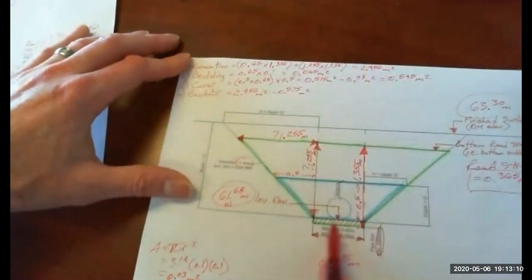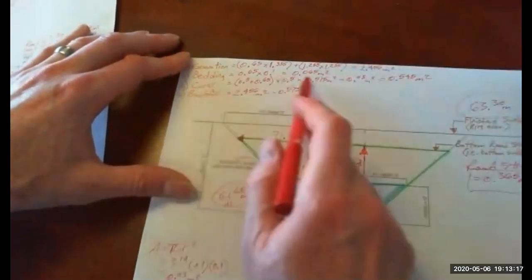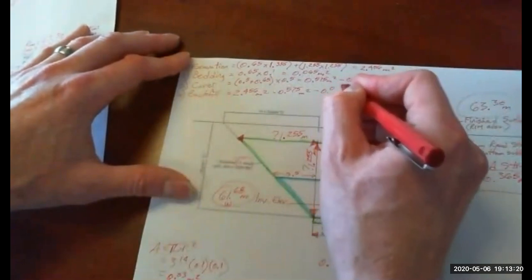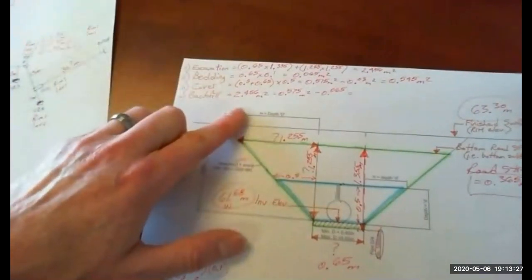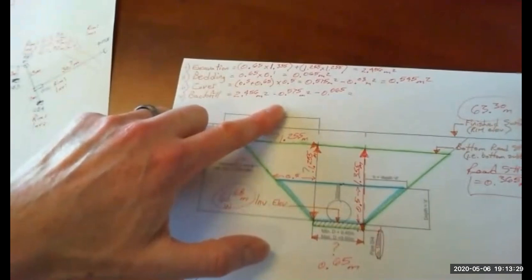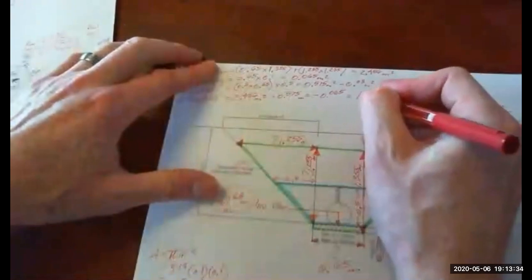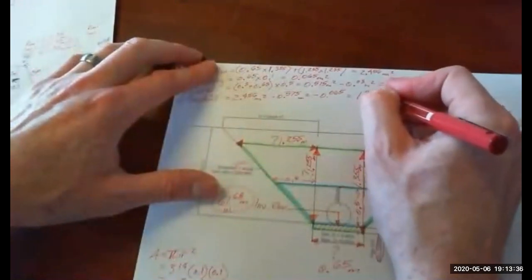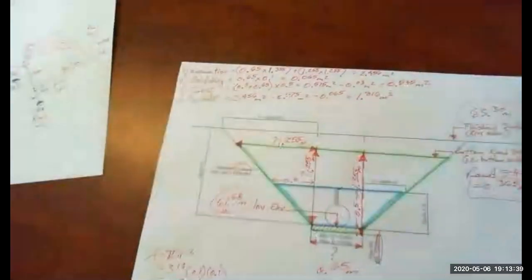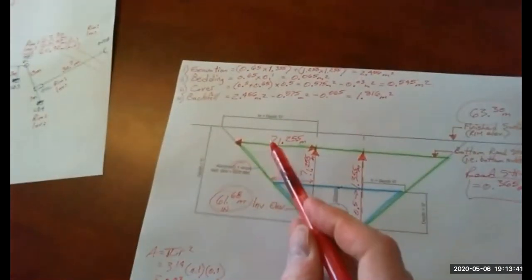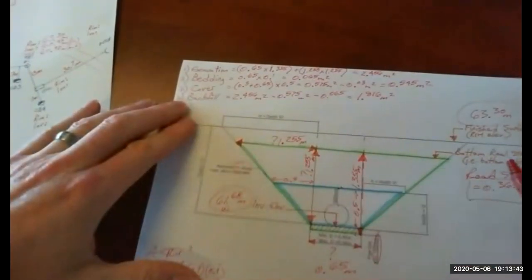And then we need to subtract the 100 millimeter layer below, which was 0.065. So 2.456 minus 0.575 minus 0.065 leaves us with 1.816. So that would be our backfill area.